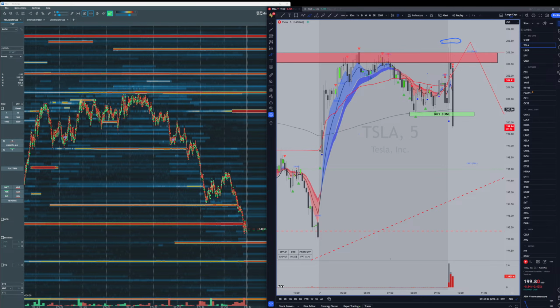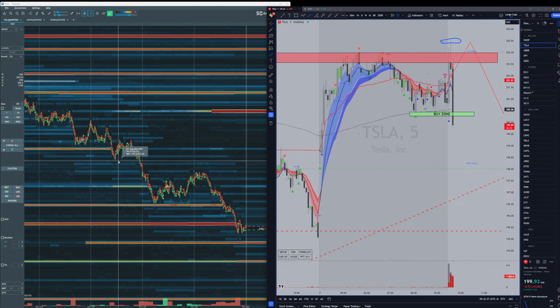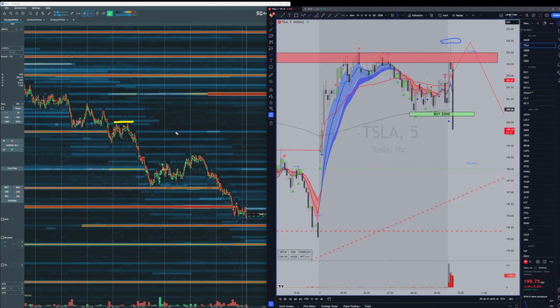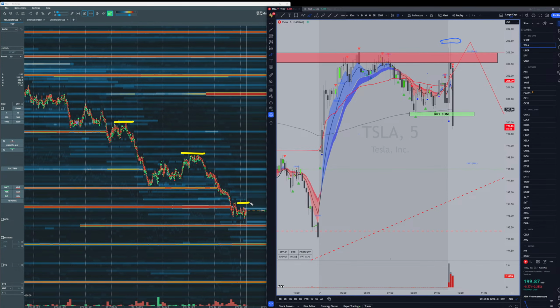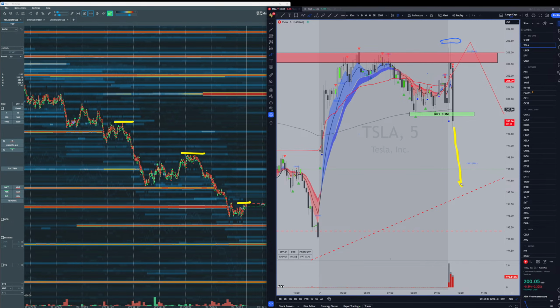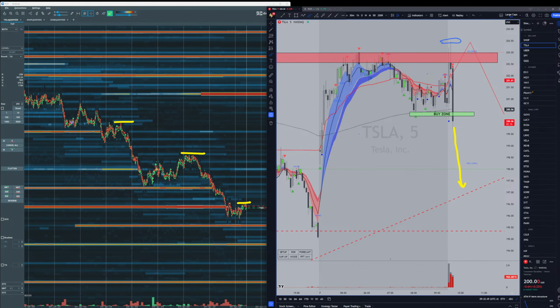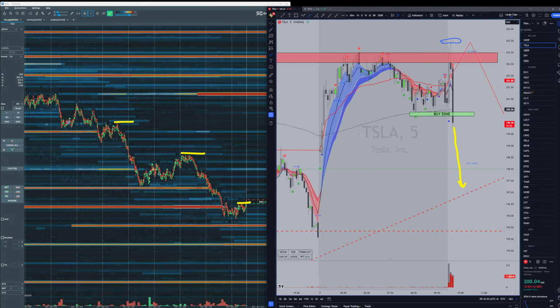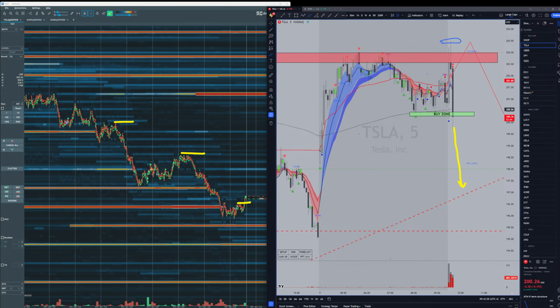Okay, 199.80. Tesla's working. You can see more sellers. And at this point over here for me is to simply follow lower highs, seeing that sellers are still joining over here and looking for this target. Traders, anybody on Tesla, this is for now a very good trade.